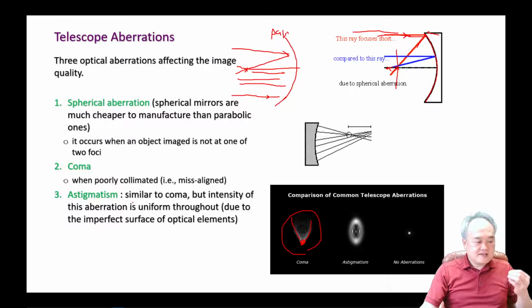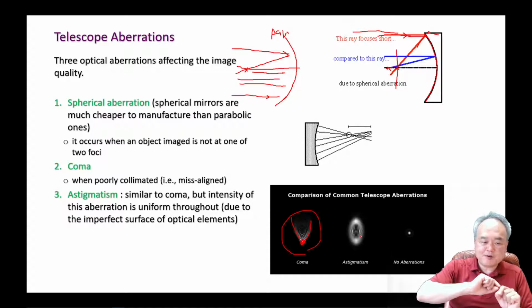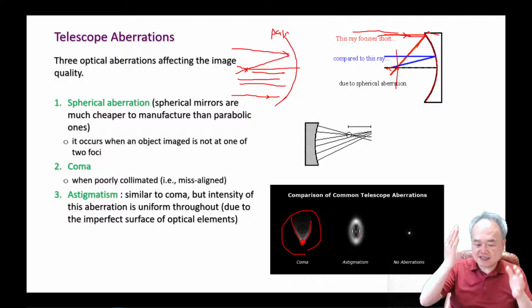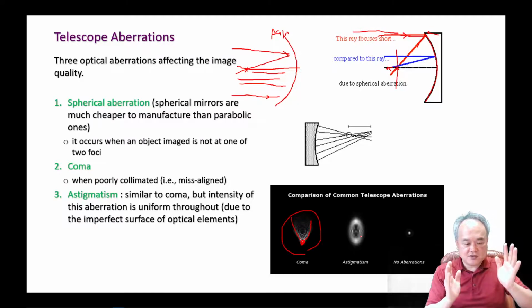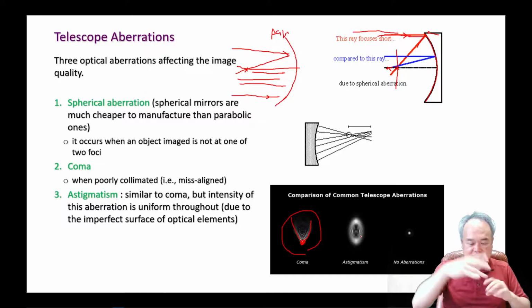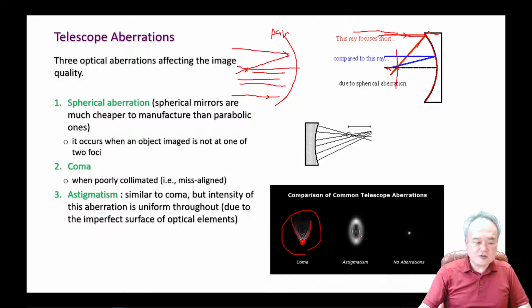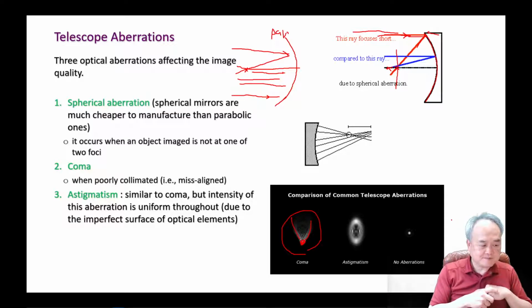So this is similar to the coma, but the intensity is more uniform, and this is mainly caused by the imperfect surface of optical elements, such as lenses, prisms and reflecting mirrors. When the surface deviates from a perfectly smooth surface, you create lots of non-uniform aberrations through the whole combination of these imperfect surfaces.